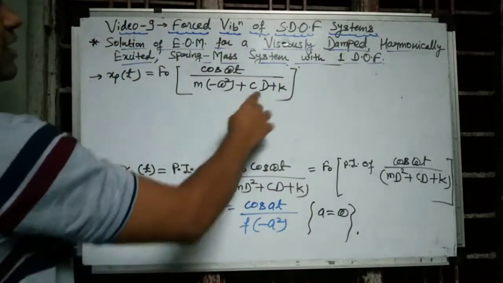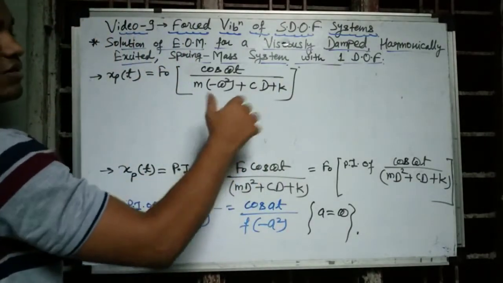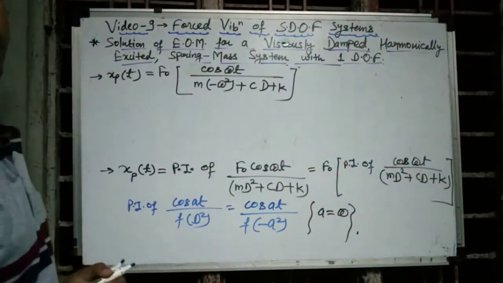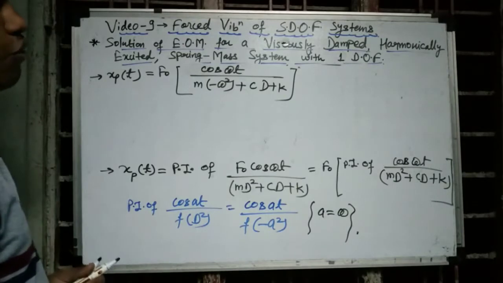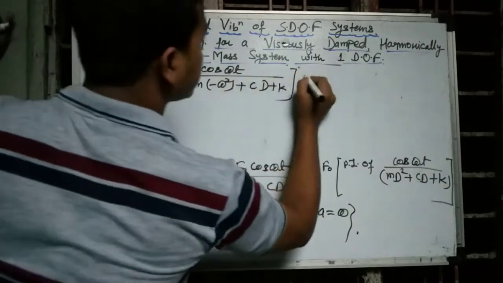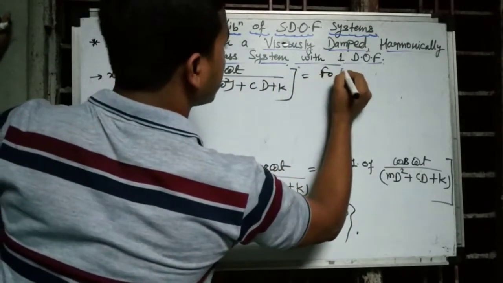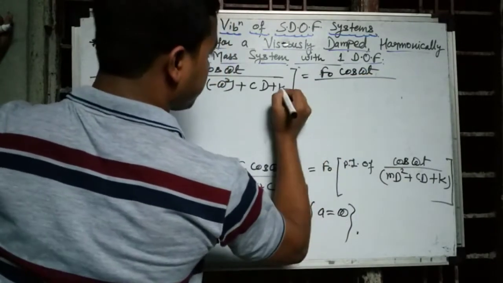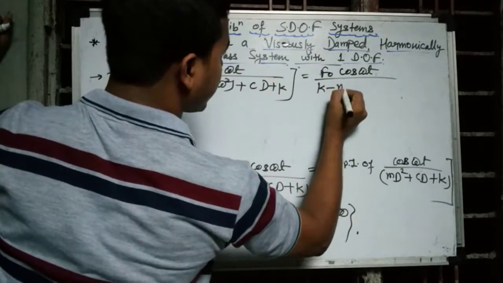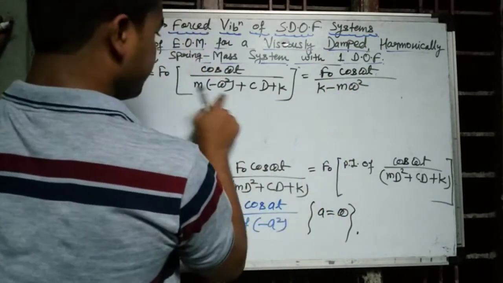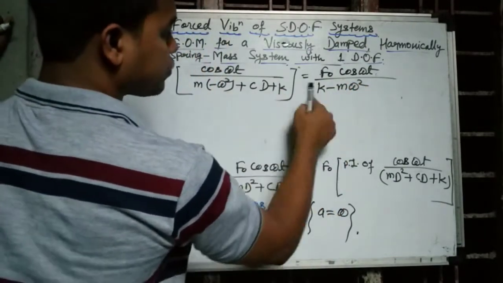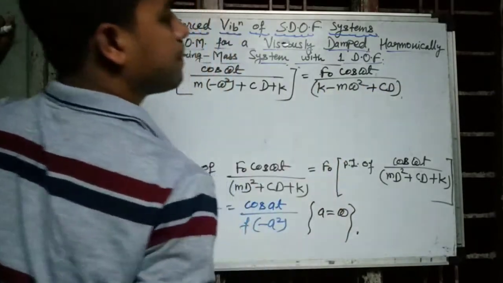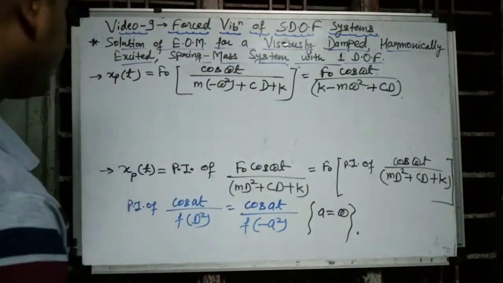But till now this d operator has not gone, so we have not got our particular integral properly. So what we should do now, I'll simplify this one. This will be f naught into cos omega t by, k is positive, minus m omega square, so k minus m omega square plus CD. That I am going to take.